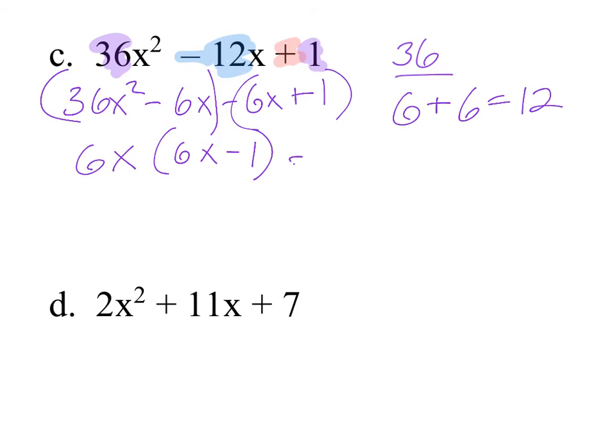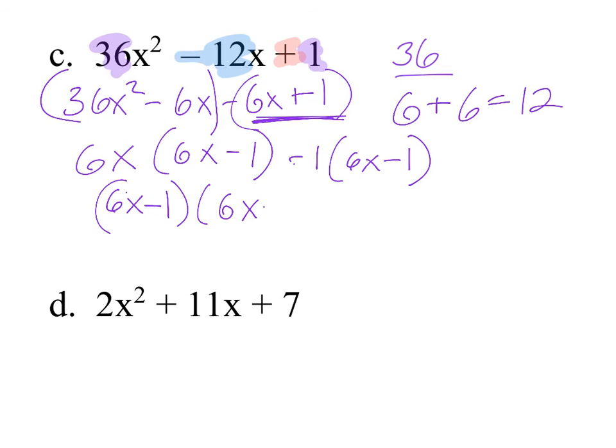I pull out a negative 1, and I'm leaving behind 6x minus 1. You have to flip all the signs inside of this. All right, I factor out a 6x minus 1, and left behind is 6x minus 1. So again, I have 6x minus 1 squared. Yay.